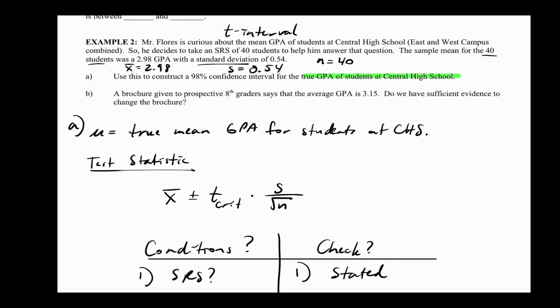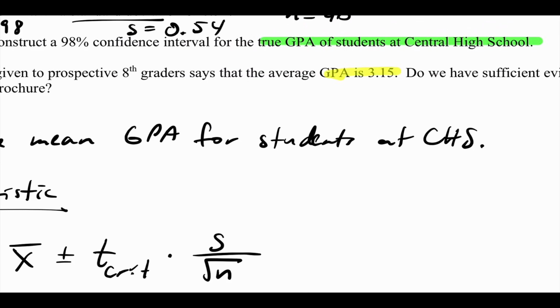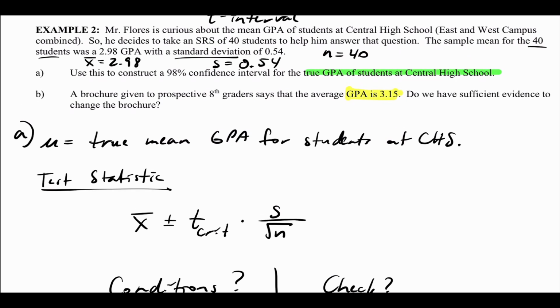In other words, do we have sufficient evidence to say, nope, that's wrong? Well, we don't know if it's wrong or not, but all we're asking is, do we have sufficient evidence to say, nope, wrong?